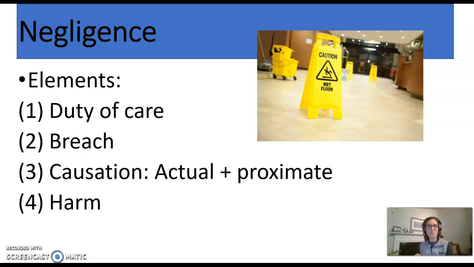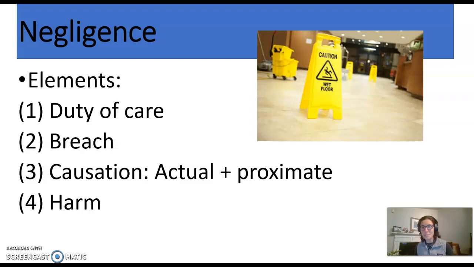Business owners have a duty of care to act as reasonable business owners in that situation, to guard against foreseeable harms. And they breach that duty of care when they don't act reasonably and don't take reasonable steps to prevent those harms. Breach doesn't mean you didn't act perfectly, it just means you didn't take any steps.